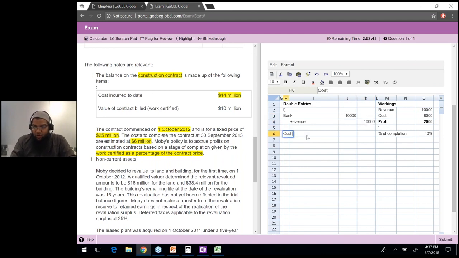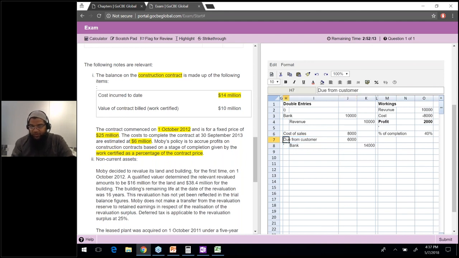Now, secondly, the cost of sales was by the amount of 8,000 and the cost incurred to date is of 14,000. So this means that the difference of this amount should be a balance treated as due from customer.